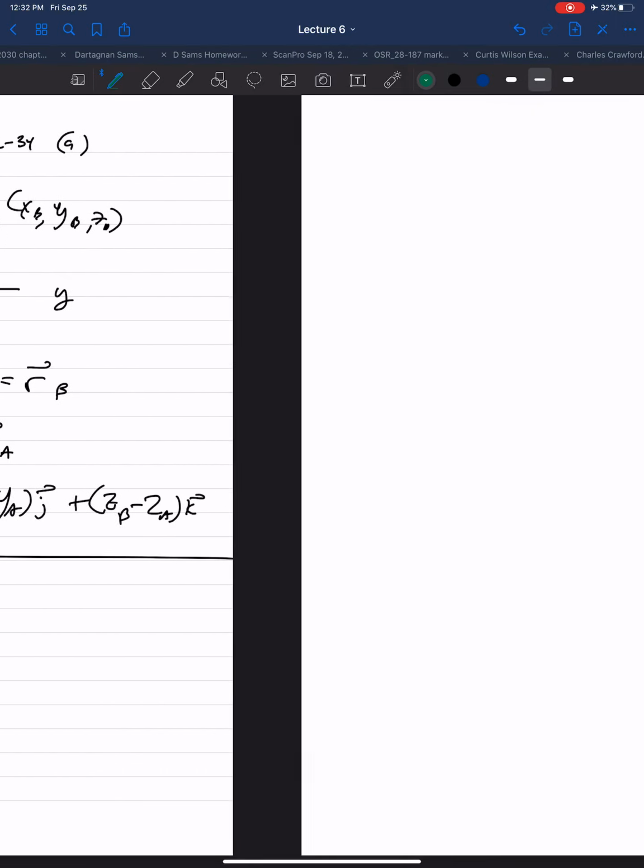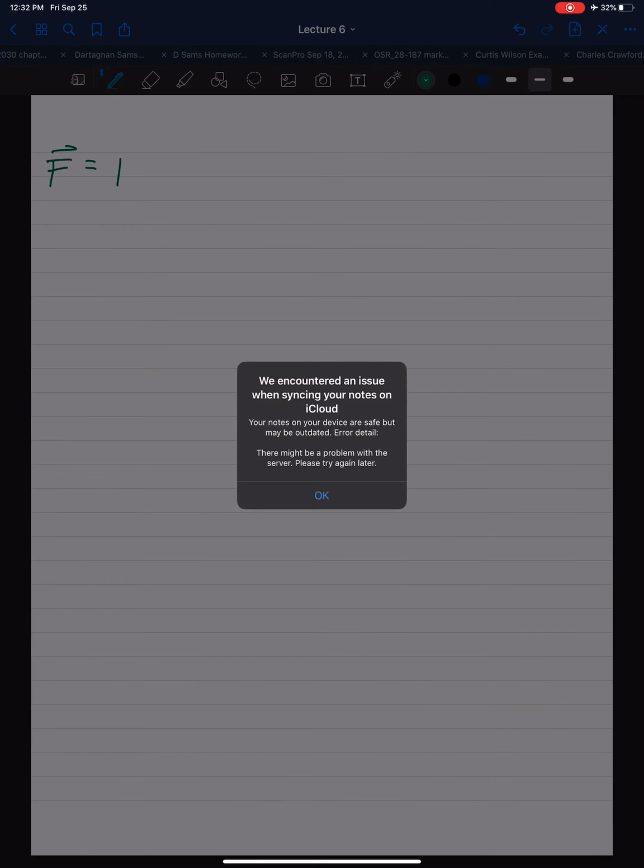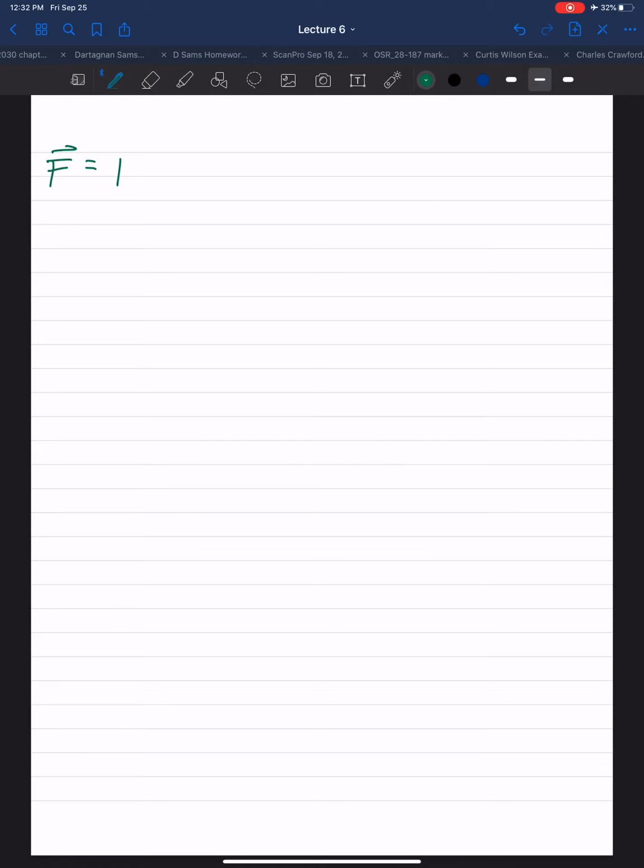Write that on a clean page. So once again, the vector F in Cartesian notation is the magnitude times the position vector R over the magnitude of the position vector.